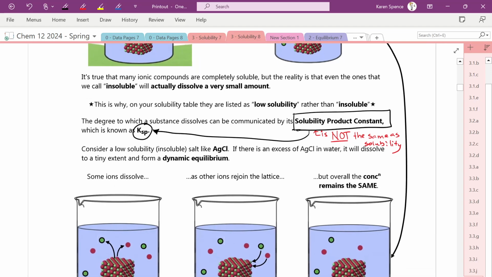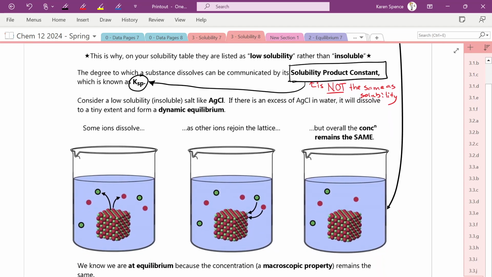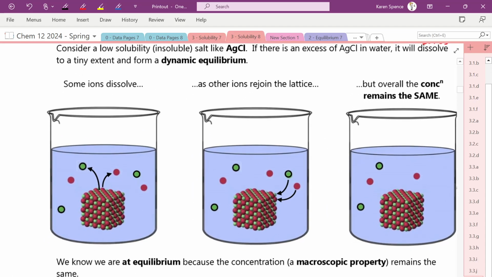So here is an insoluble salt, AgCl. Some ions will dissolve. This is the forward reaction. This is dissolving.